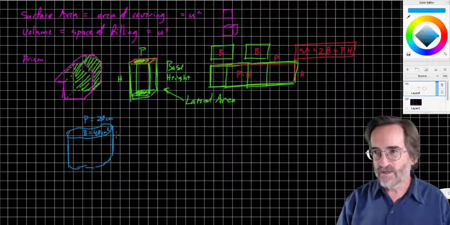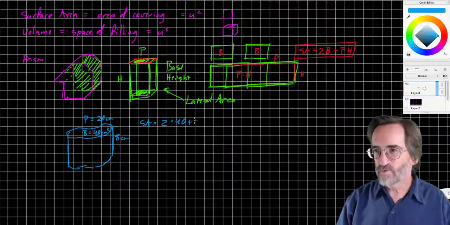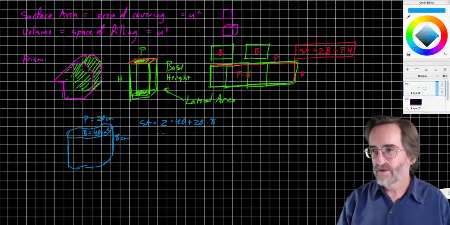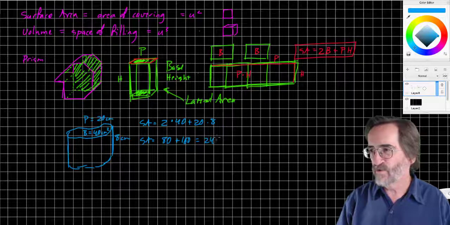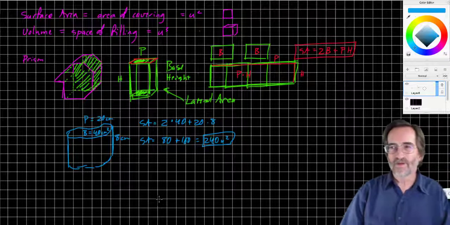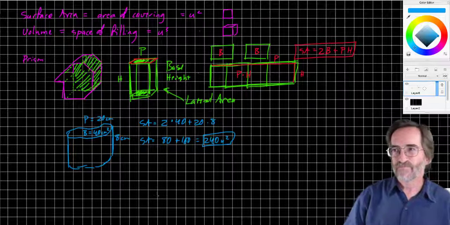And the height is 8 centimeters. Then the surface area becomes 2 times 40 plus 20 times 8. 2 times 40 is 80. 20 times 8 is 160. 160 and 80 is 240 square units. Okay, so that's how you would use the formula.